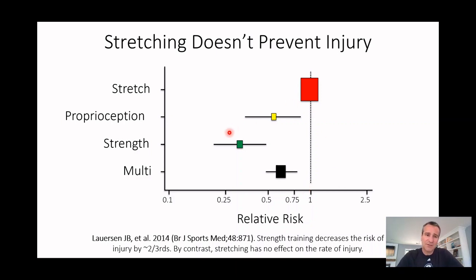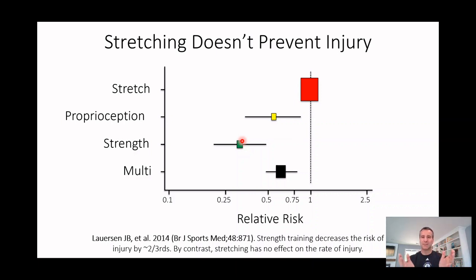When you look at strength training, heavy strength training is decreasing the risk of injury by almost 2/3. So we're looking at about here, that's about 0.33, that's 33%. So that means that 67% of the injuries have been mitigated. So in this meta-analysis, what they're looking at is, what's the rate of injury prevention that comes with these different interventions?